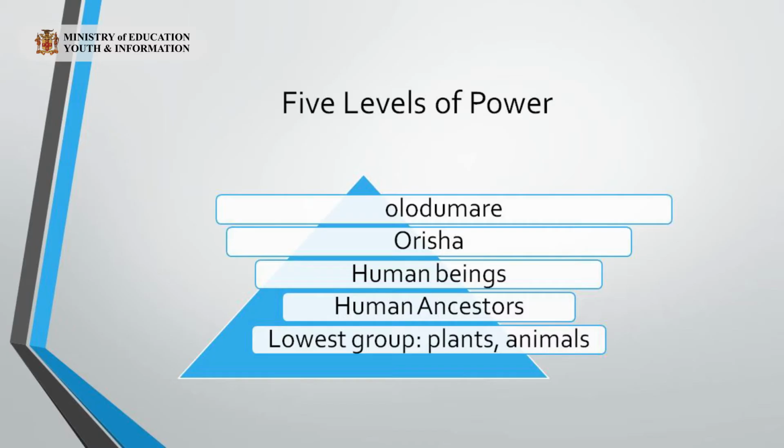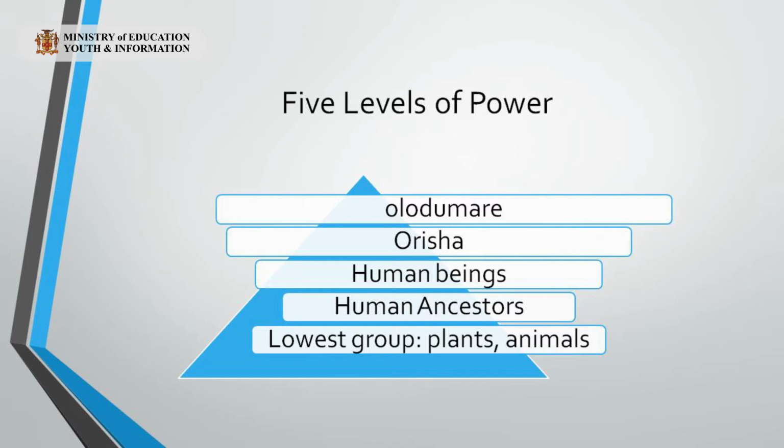The spirit beings are the Orisha and the ancestors together. They believe that when a person dies, the soul is transformed into one of the Egun, the human ancestors. And then we come to the lowest group.